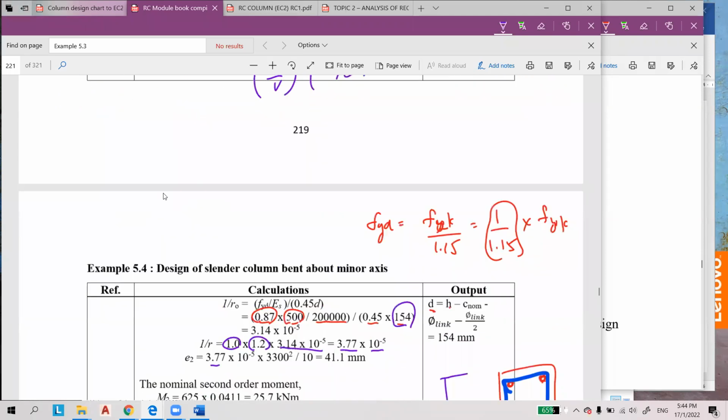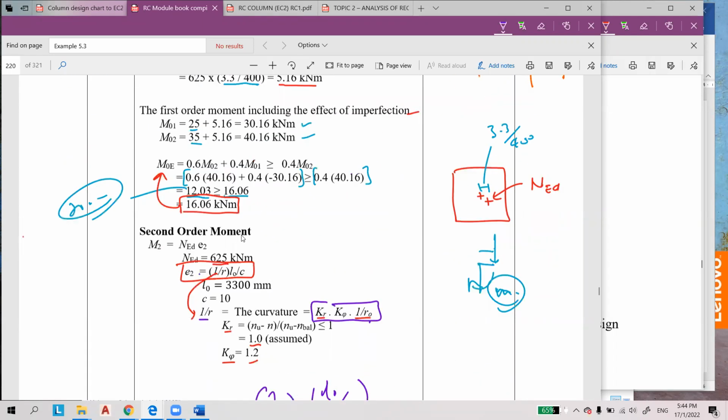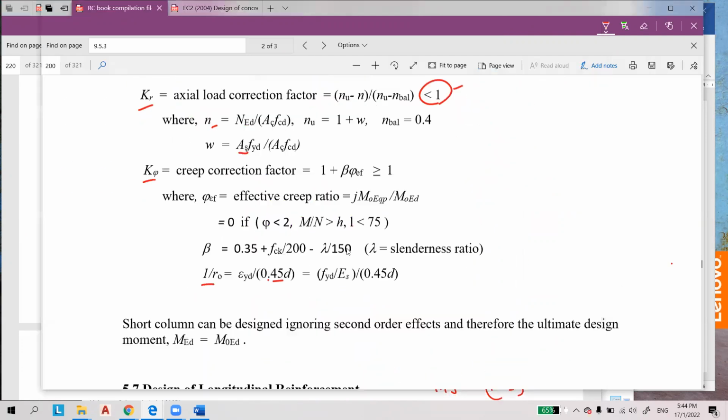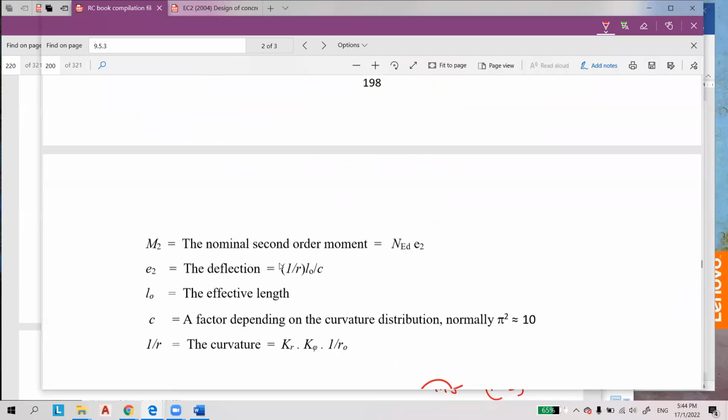So this is the 1 over R times the L naught over C. Why do you have square here? This is not L naught square, right?